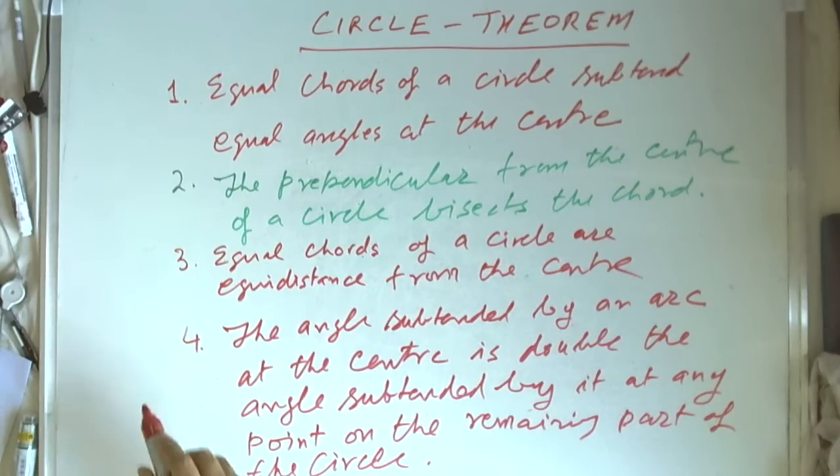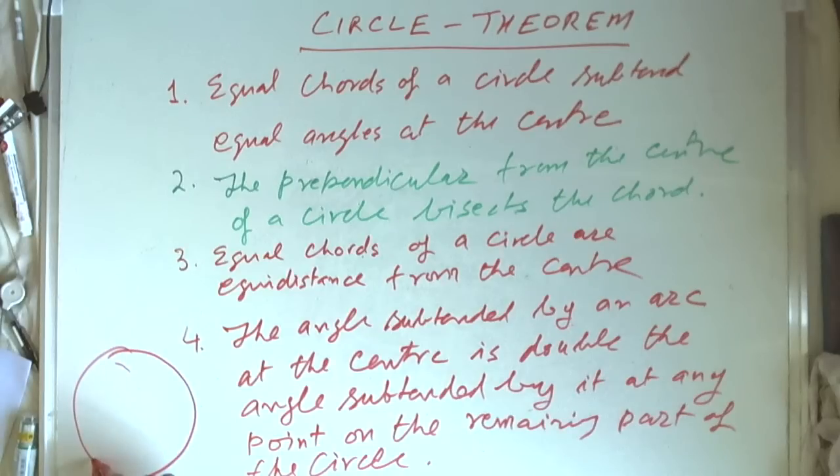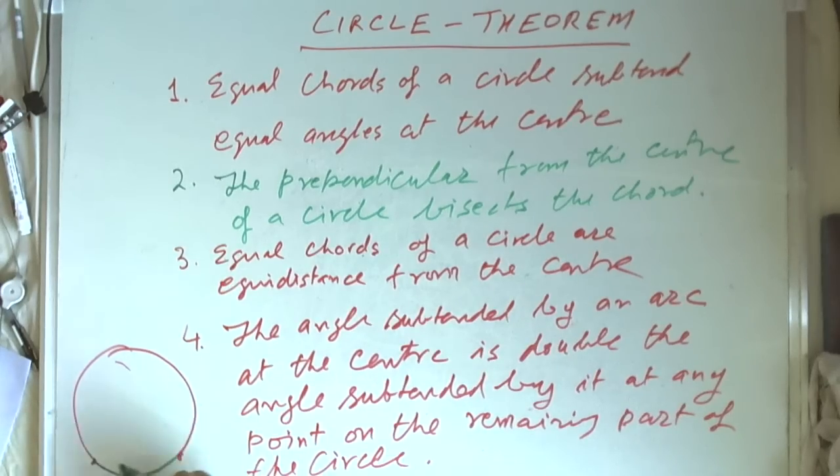So this means, I'll show you here. This is the arc PQ, and this is subtending an angle POQ like this.